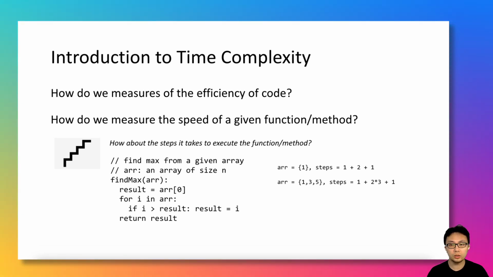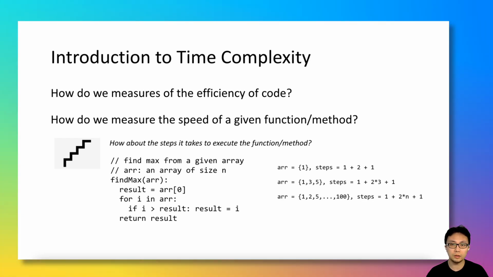Don't forget that there is the initial step of assigning the value to the result variable, as well as the last step to return the result. So you need to add 1 and another 1. That will give you 8 steps in total. Again, that's a rough estimate. We won't bother to figure out which line underneath the for loop really gets executed.